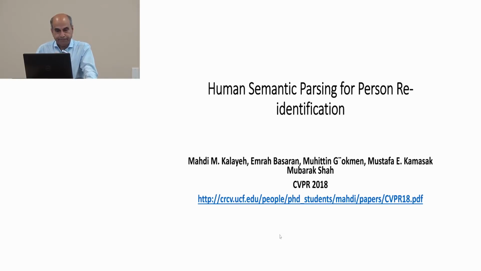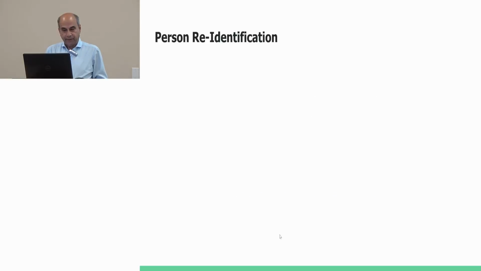So this paper was in CVPR about 6 months ago. And by the way, CVPR is the conference which has the highest impact factor of all IEEE conferences. And this relates to human semantic segmentation for person re-identification.